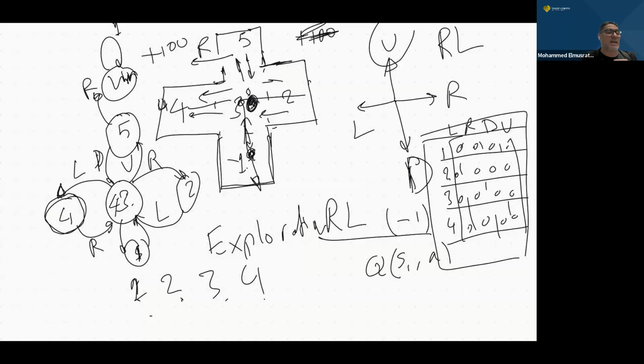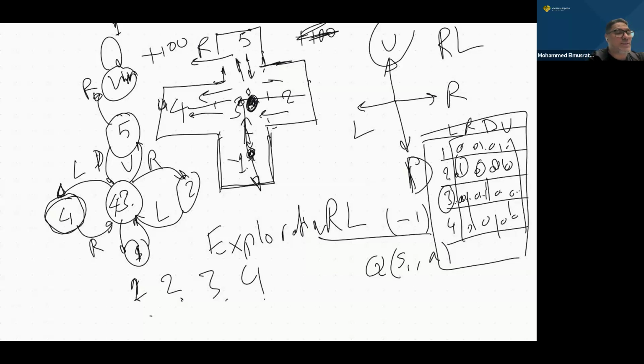After repeating many times, you will get the average reward, so if you are in each state, you will find the numbers for what you should do. For example, if you are in state 3, you will find here, for example, 0.1. For right, maybe also 0.1.